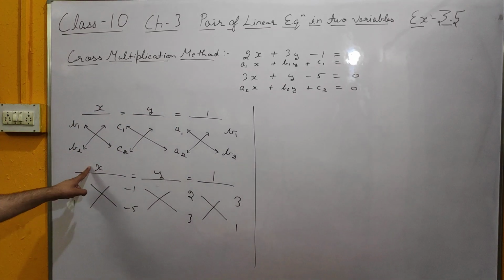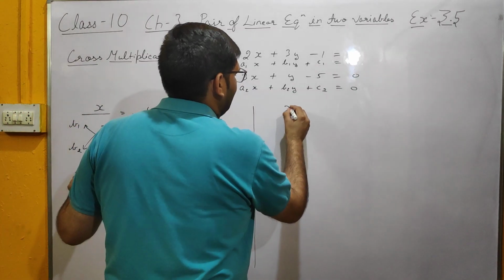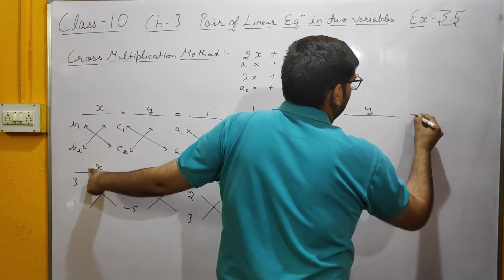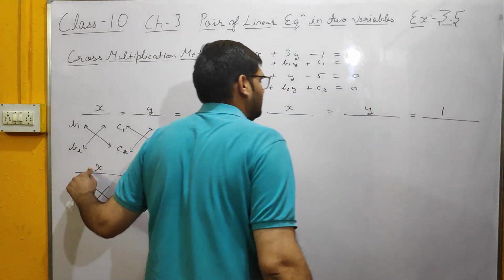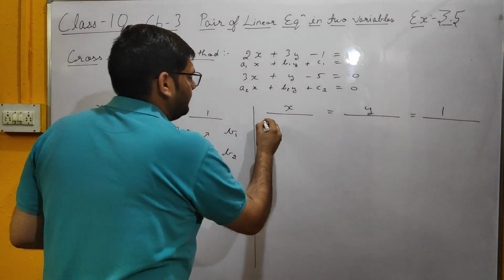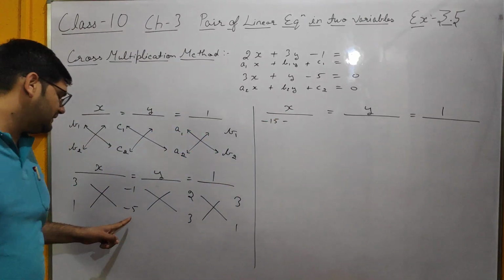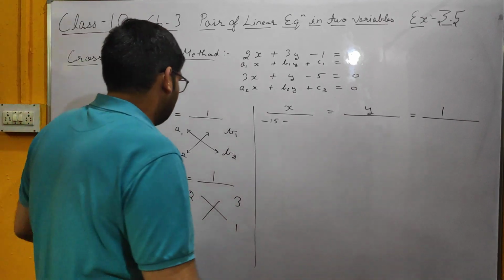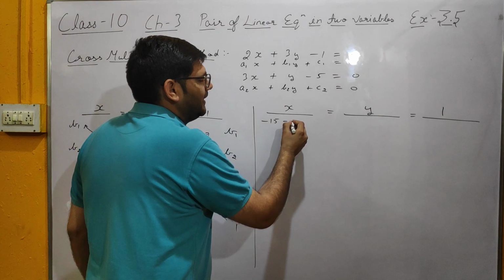Alright, let's see what we will get. x upon will be equal to y upon will be equal to 1 upon 5 3s are 15, minus 15, then minus sign, then minus minus, and 1 1s are 1, so minus 1.